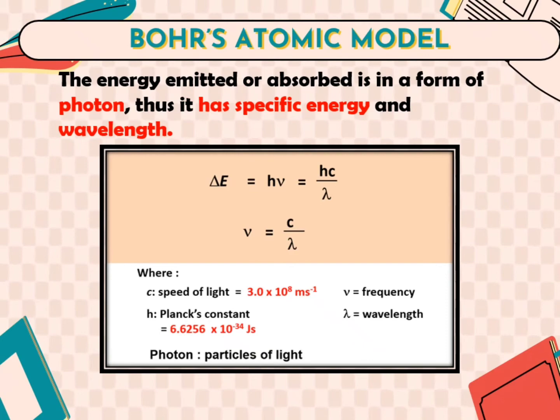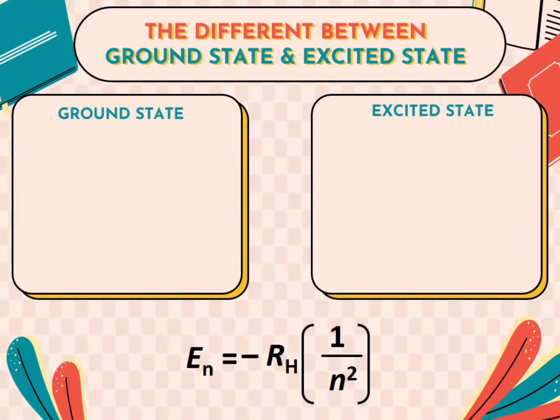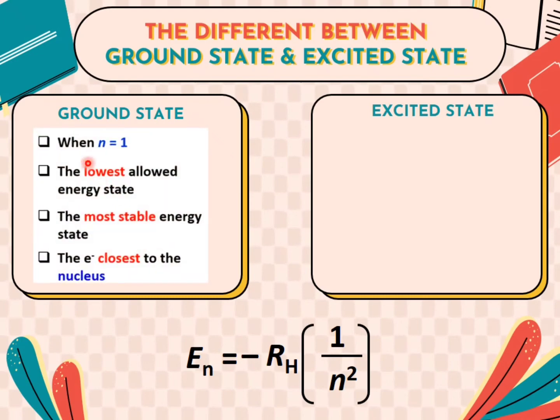It must depend on the question. Okay, so this is the difference between ground state and excited state. Okay, ground state, what is ground state? So ground state actually when n equal to 1. Tapi tak semestinya juga, kelas. Tidak semestinya n equal to 1.